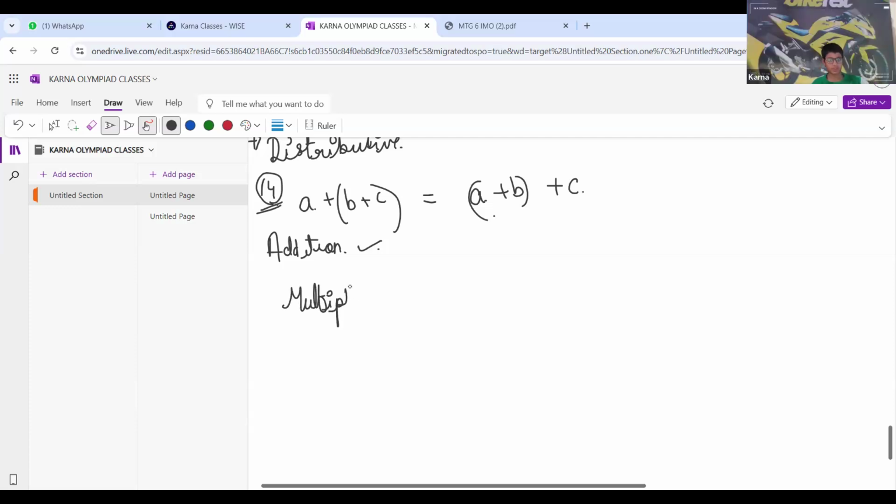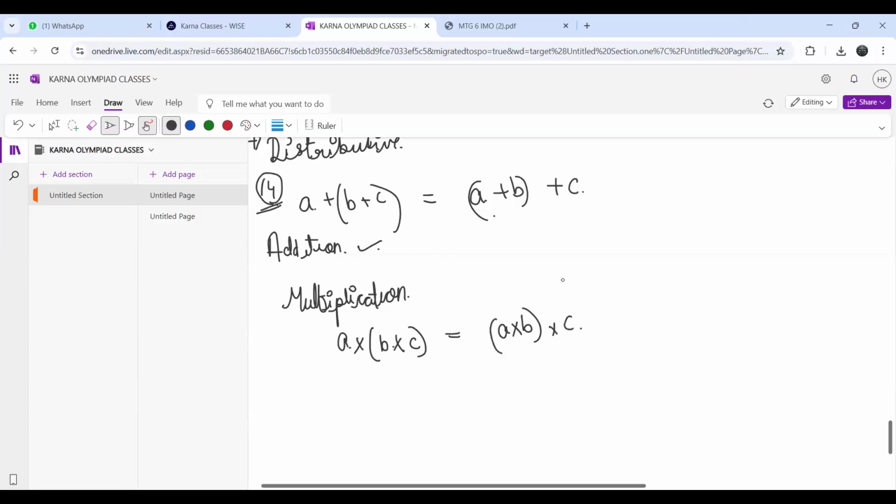Ma'am, (A into B) into C and A into (B into C). So it is working or not working? Ma'am, working for multiplication.